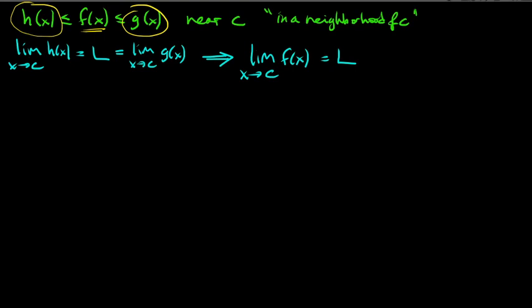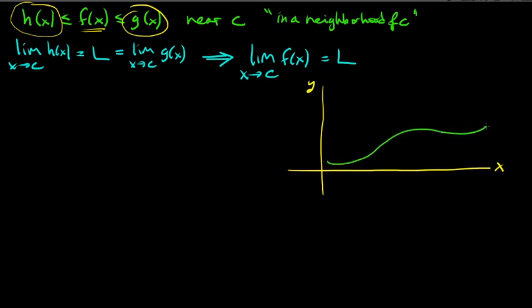So let's draw a graph of three functions, all on the same xy plane here. So h is the smallest function, so h might be this function here. So this is h of x. I'm going to draw g of x is the biggest function, so that might be this function up here.